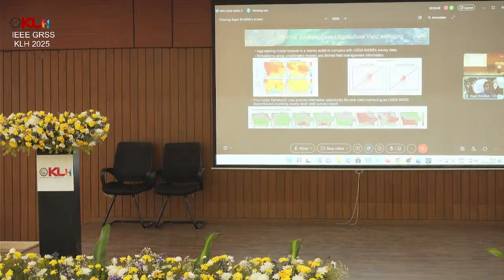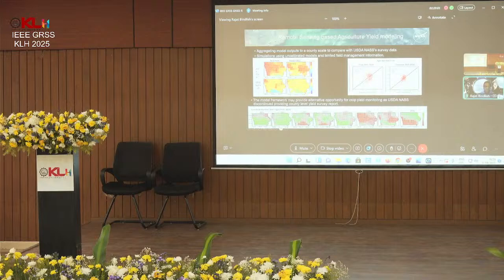So this data was aggregated to county level because USDA does do a survey at county level, and we were able to compare that for corn and soybean over the 7-8 year period at county level, and this shows fairly good comparison with very low bias.